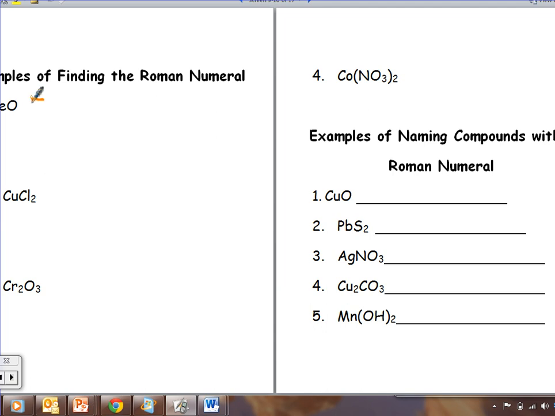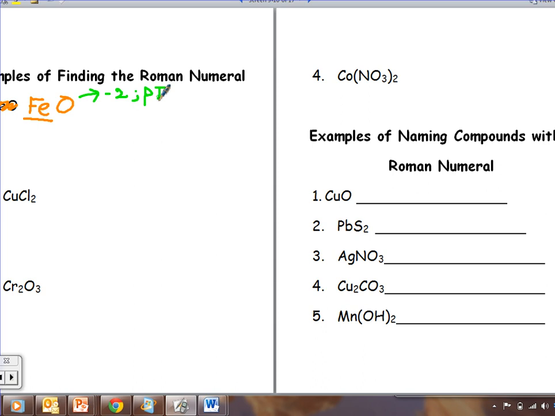This one says FeO. Alright, I don't know what the charge of Fe is, but I know that that's a transition metal, right? So I need to figure out what this guy's charge is by figuring out what that guy's charge is. Oxide has a -2 charge. I know that from the periodic table.